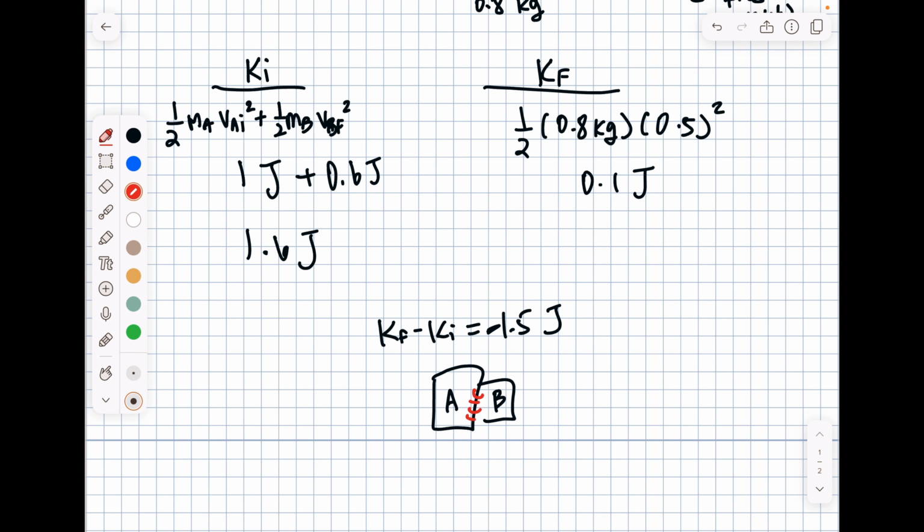So it's just a couple ways to think about how the energy disappeared after the collision. There are many ways to explain that energy loss, but ultimately it's because of those two objects being stuck together, and there's energy required to do that. So this is an inelastic collision, because kinetic energy is not conserved.